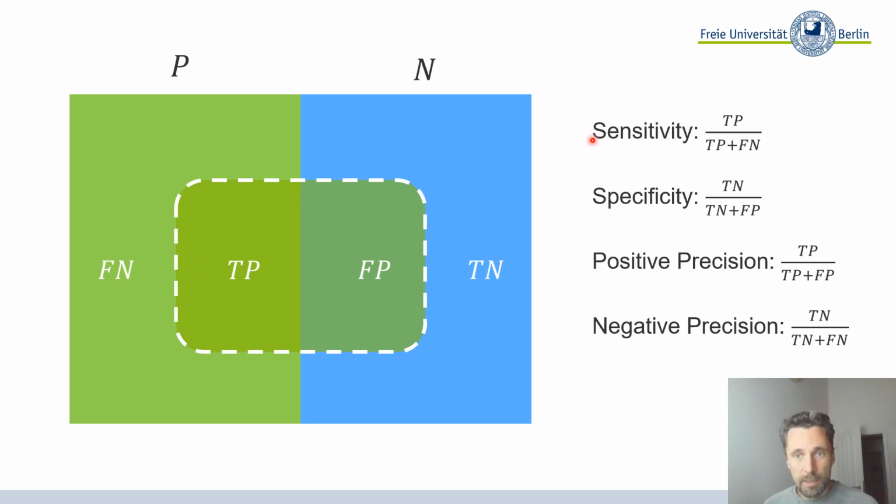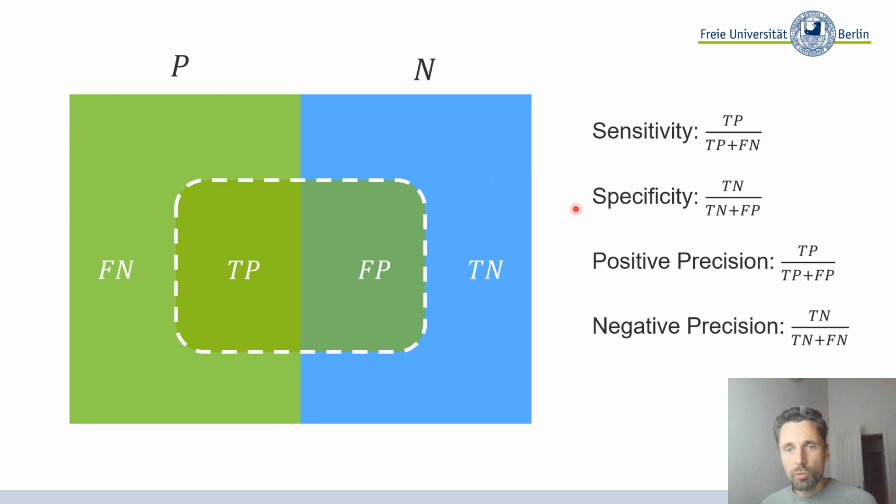Now, in sensitivity, we compare the true positives, so all the data that has been classified as positive, to all within P. Yeah? So a good and very sensitive algorithm would try to cover most of P, disregarding the cost that comes with covering something within N. Yeah? We just look at the positives.